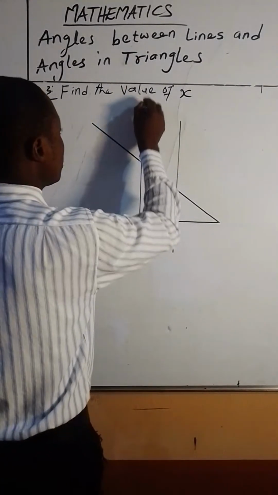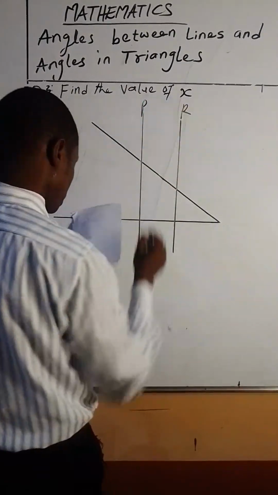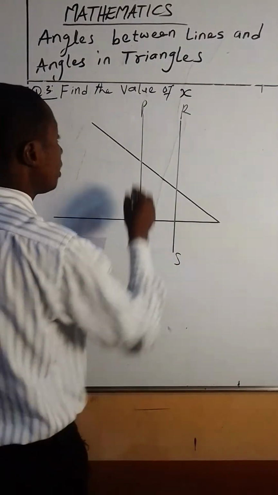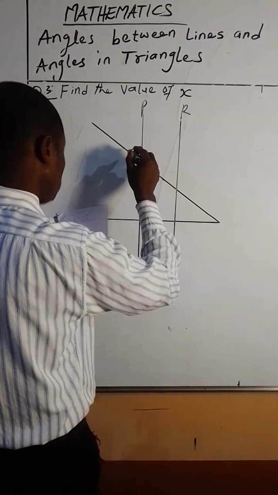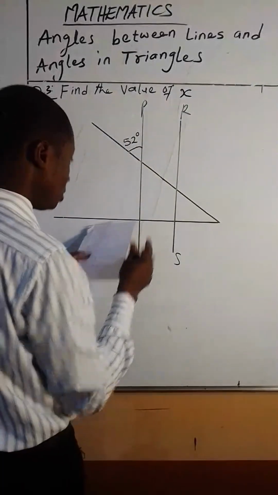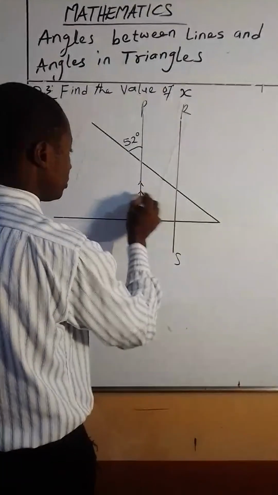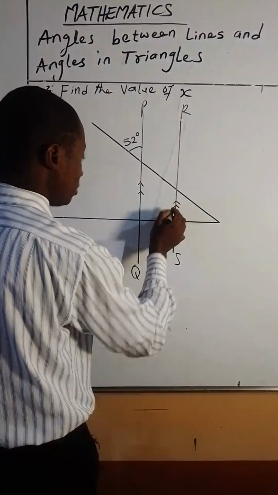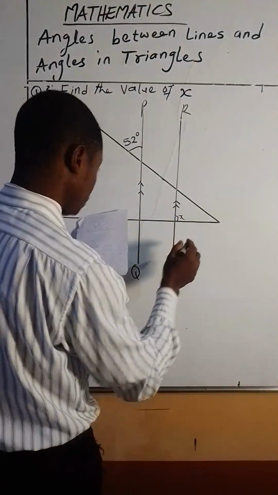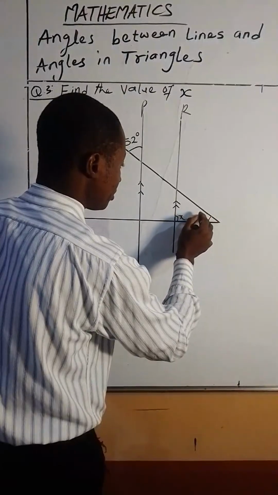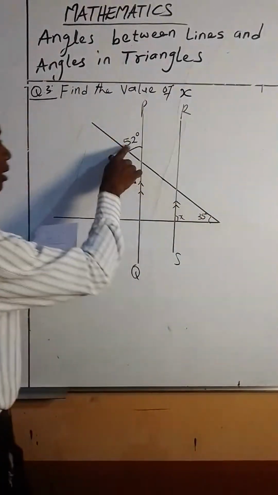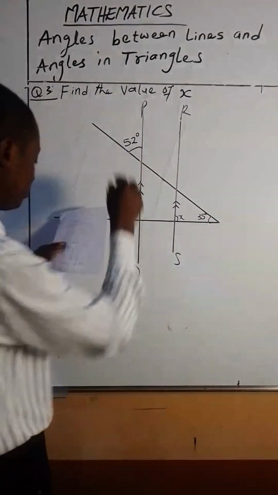Here is our P, here is our R, here is Q, here is S. Here we are given 52 degrees. These two lines are parallel. Here is our X, Y here is 35, this is 52 degrees. We are told to find the value of X.